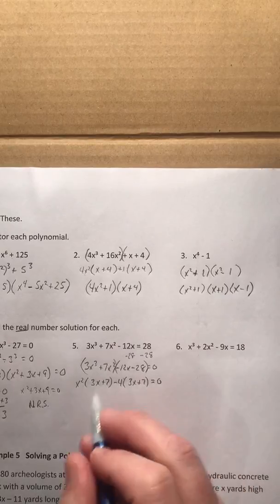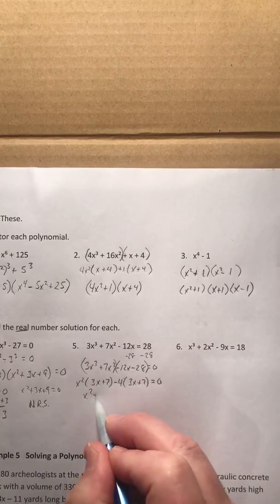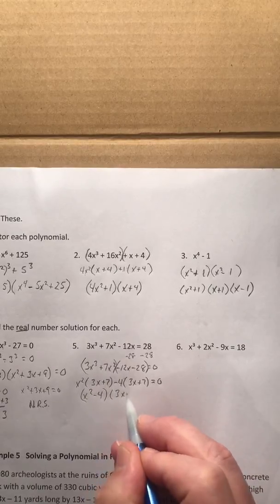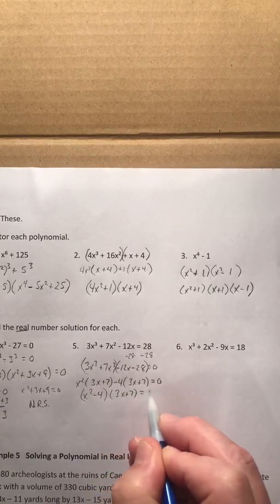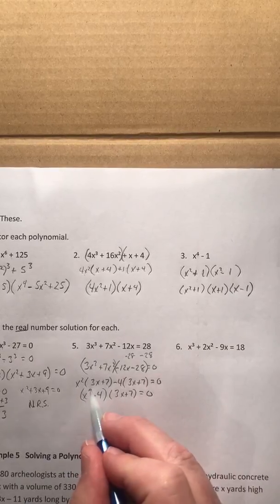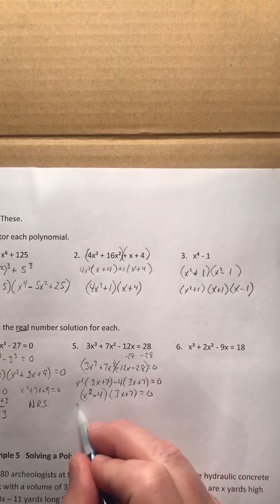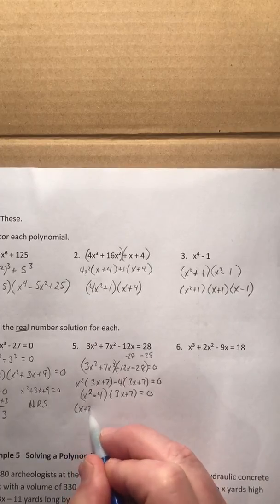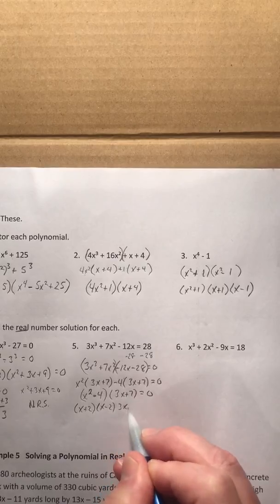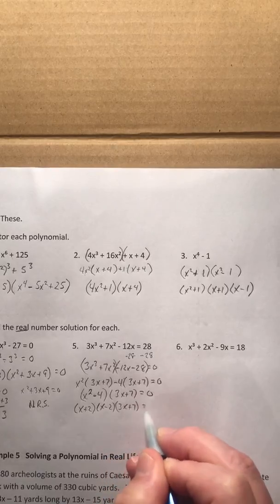Again, we group what's in front, so x squared minus 4. We bring down one of our 3x plus 7s equal to 0. X squared minus 4, that is a difference of perfect squares, so we factor that out further. X plus 2, x minus 2, and 3x plus 7 we bring down.